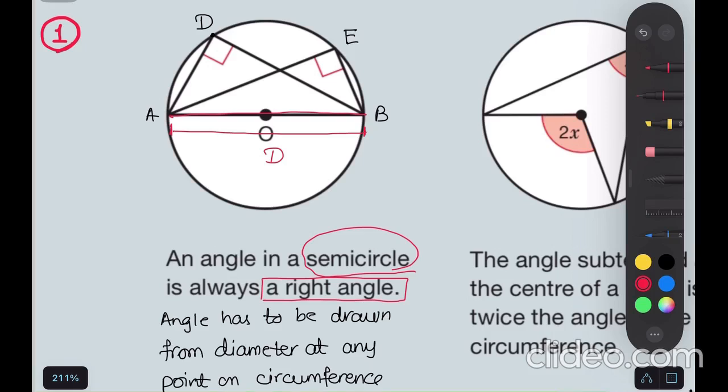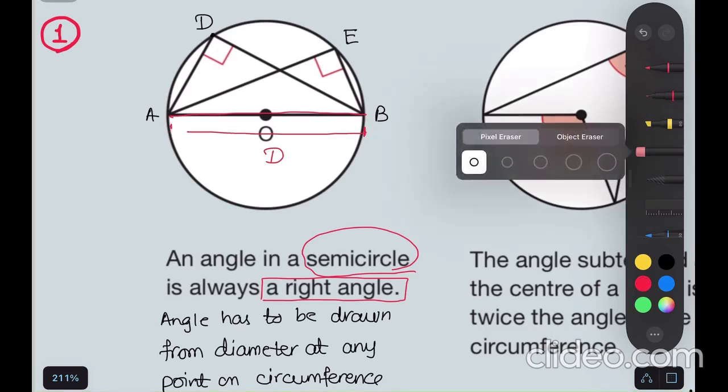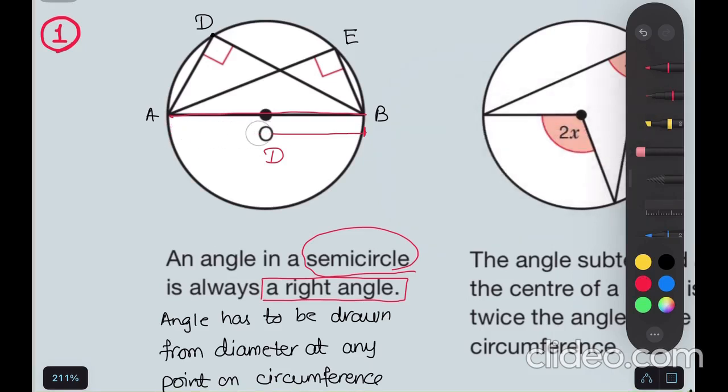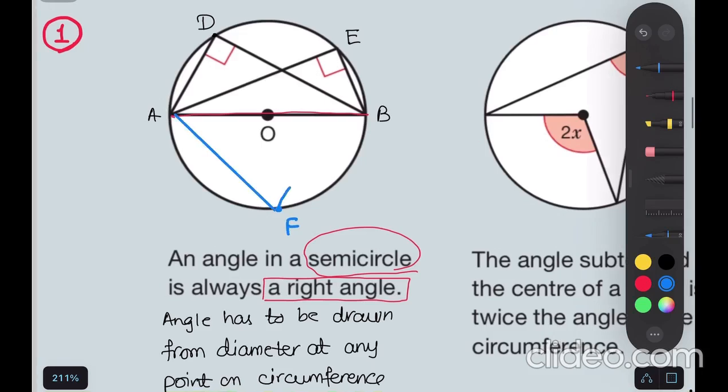So if the question comes up in your mind, okay, what would happen if we draw the angle below the semicircle? So yes, in that case, again, if I take any 2 points on the boundary, let's say I take this point as F, and I join this with this, like this straight line, and I join this point again with this, the diameter of the circle.